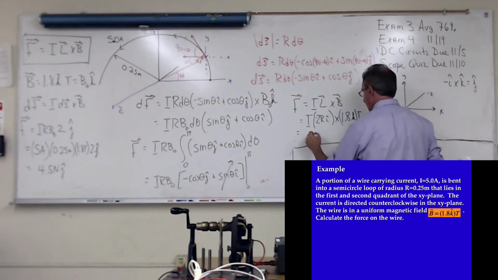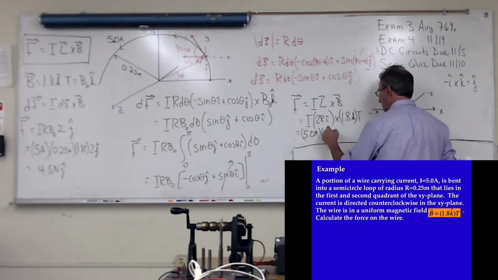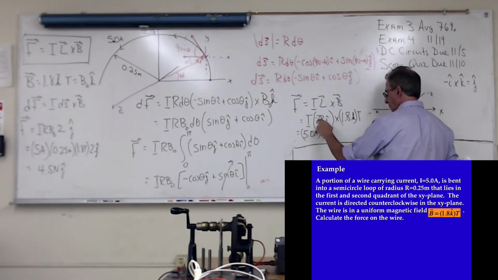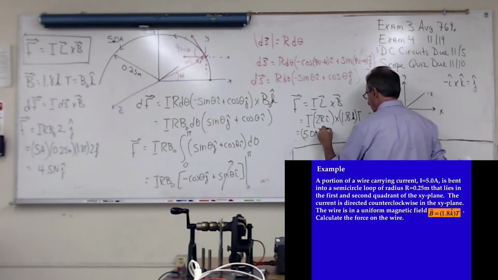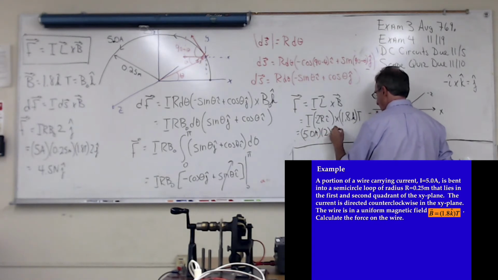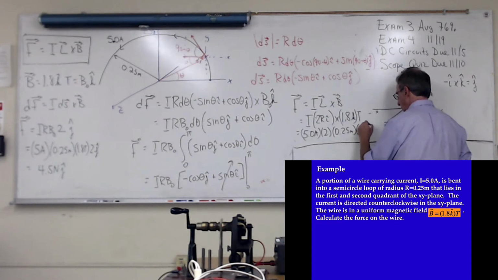Yeah, you're good. Okay. So I get 5.0 amps times 2 times R. So the minus I cross with the K gives me J. So I get the same answer.